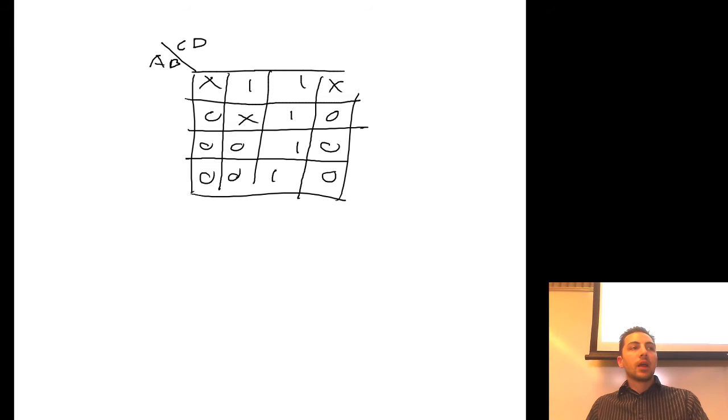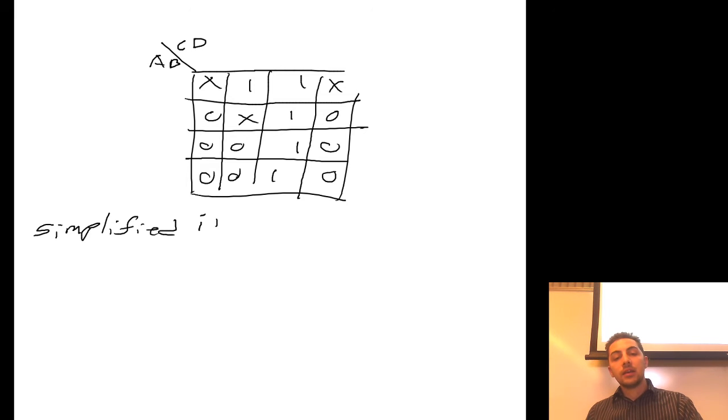Now, I think at this point you could circle the ones and tell me what the sum of product solution is, but what if I asked for it simplified in product of sum notation? Before we inserted don't cares into the mix, how did you find a product of sum representation?